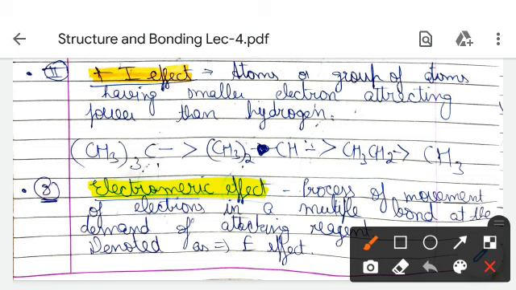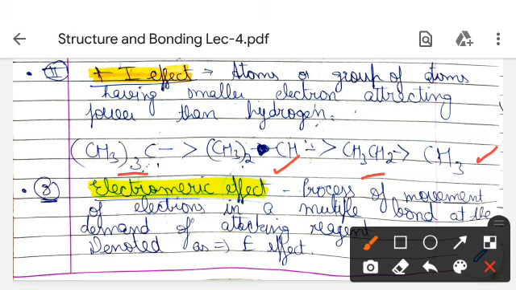So it can be a tertiary group in which this carbon has CH3 attached to it, or it can be a secondary group in which carbon has two alkyl groups, and it may be primary in which one alkyl group is attached, or it can be a simple CH3 group. So these groups have electron releasing tendency towards the carbon chain. So 3 degree, then 2 degree, then 1 degree, then simple methyl have positive I effect.